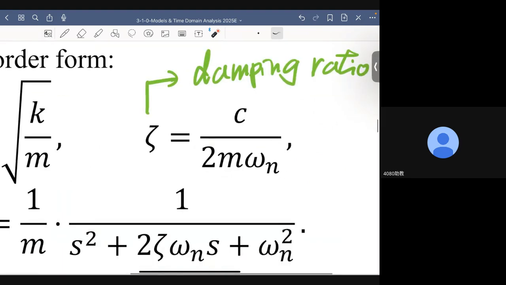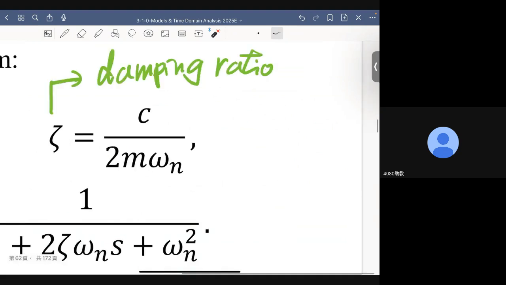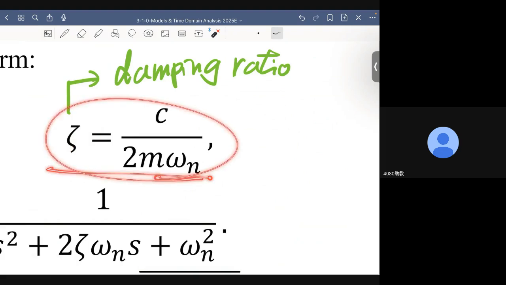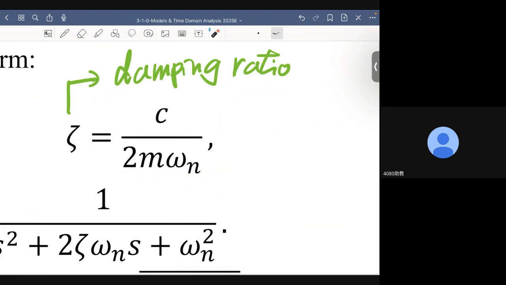Now the damping ratio, of course, characterizes the amount of damping effect of the spring mass system. But why does this representation make sense? First, zeta is proportional to the damping coefficient.